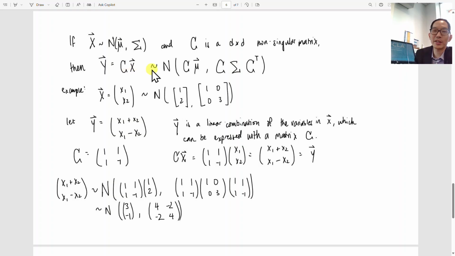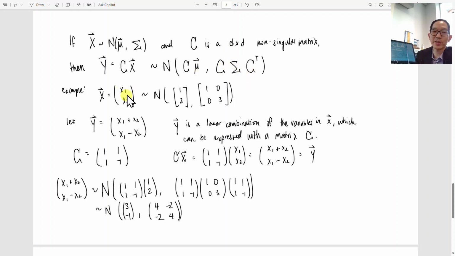Then you can calculate the mean and variance of y by using this. So the mean will just be C times mu, and I think that makes sense. And then the resulting variance will be basically C squared, but C sigma C transpose.